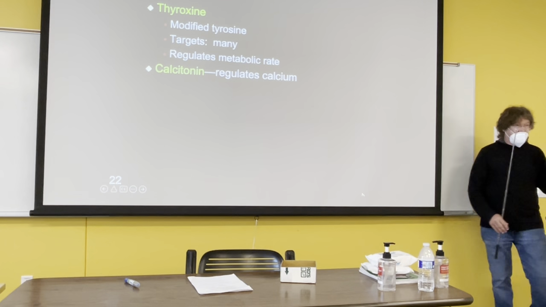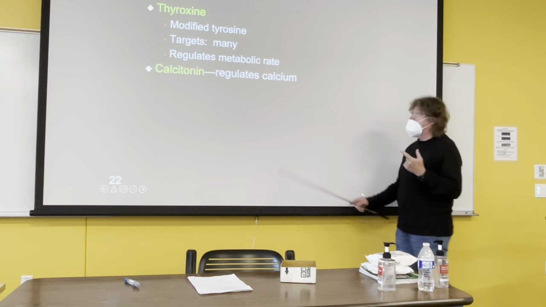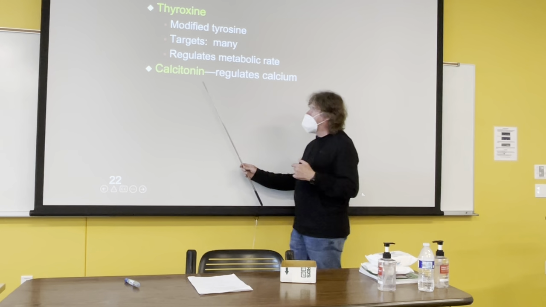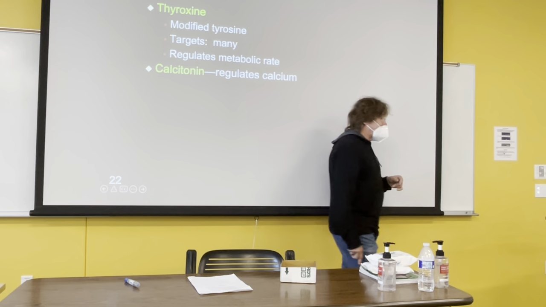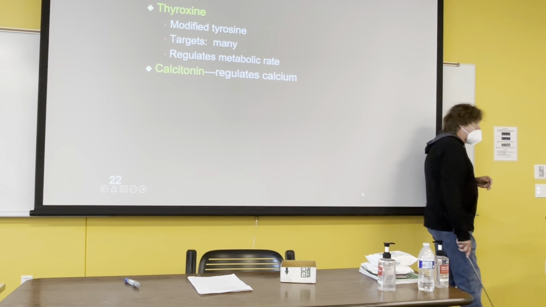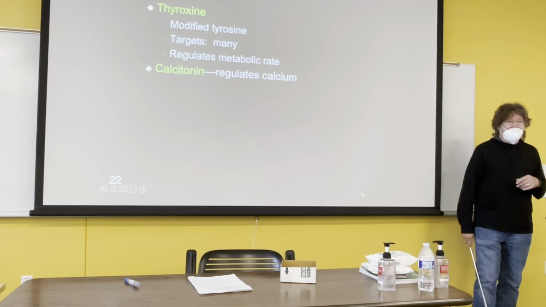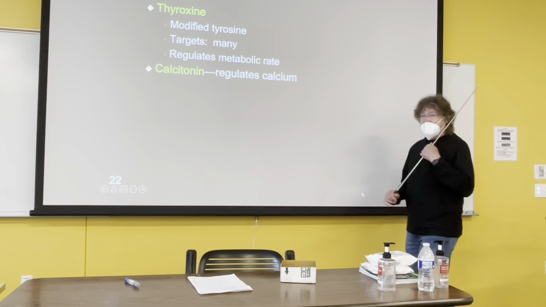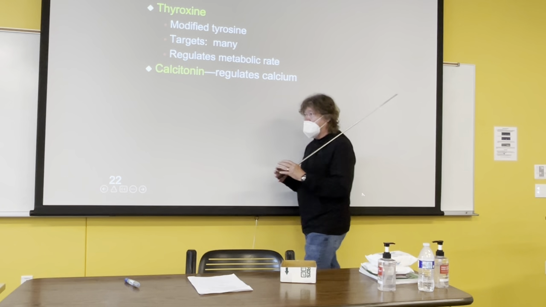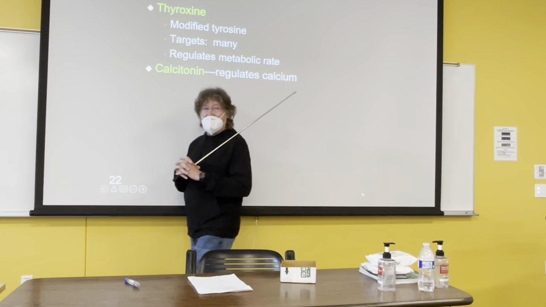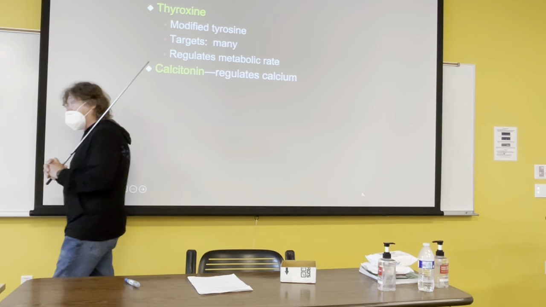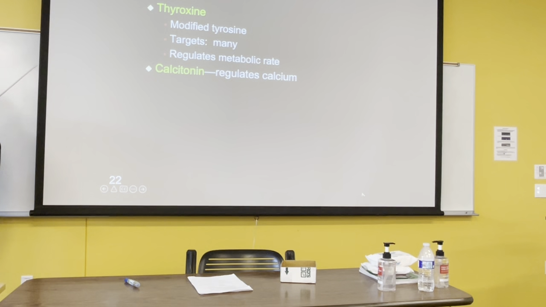Another hormone that is produced here in the thyroid gland is calcitonin. Calcitonin regulates calcium content in the blood. Calcium plays several very important metabolic roles, and we'll come across some of those. For example, during fertilization of an egg, calcium is a real important player for that to happen.